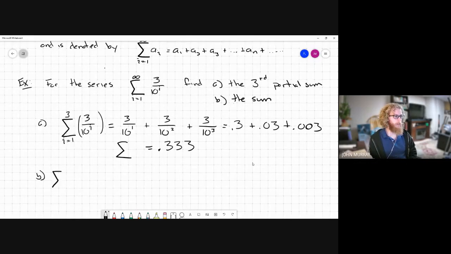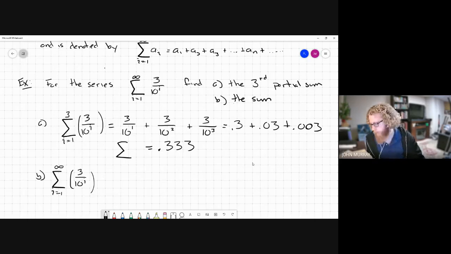All right, so let's take a look at our infinite sum. The sum from 1 to infinity. Now, obviously, I'm not going to write out all the terms because there's an infinite amount of them, but we'll write out the first few.